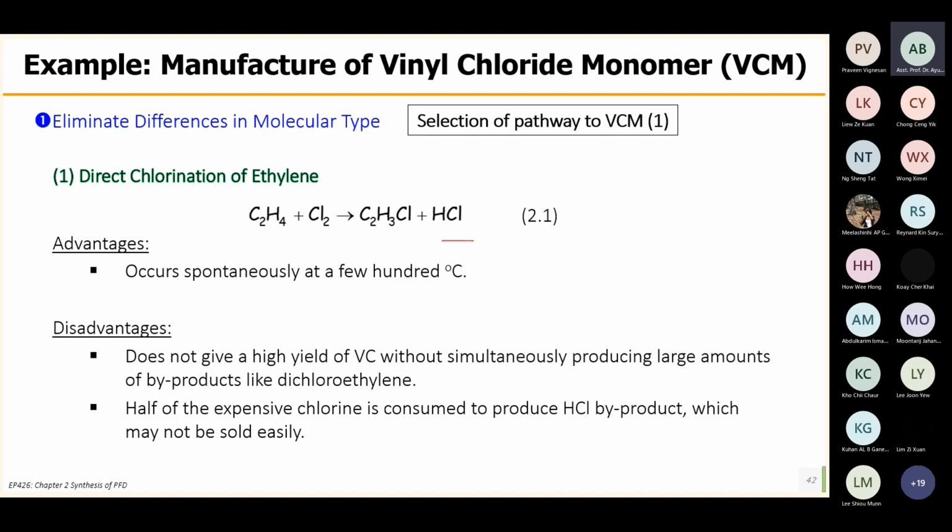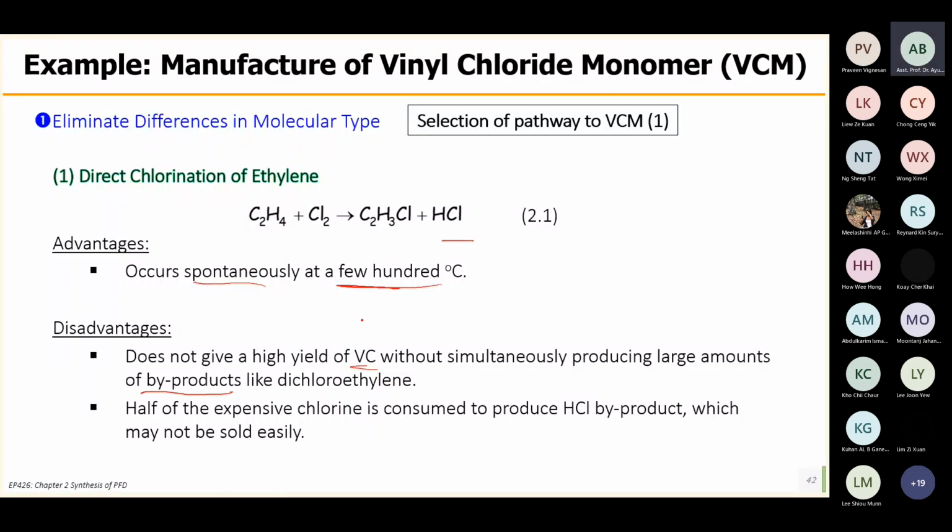Now the advantages: it occurs spontaneously at a few hundred degrees C. Spontaneously, so the reaction rate is fast. Disadvantages: it does not give a high yield of VC while simultaneously producing a large amount of byproduct.